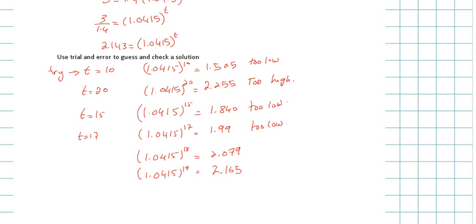Right? We don't go that deep, okay? So we're just going to say this is too low, this is too high. And then we say, okay, 18.5, I got 2.121. That's pretty close. So 18.75.